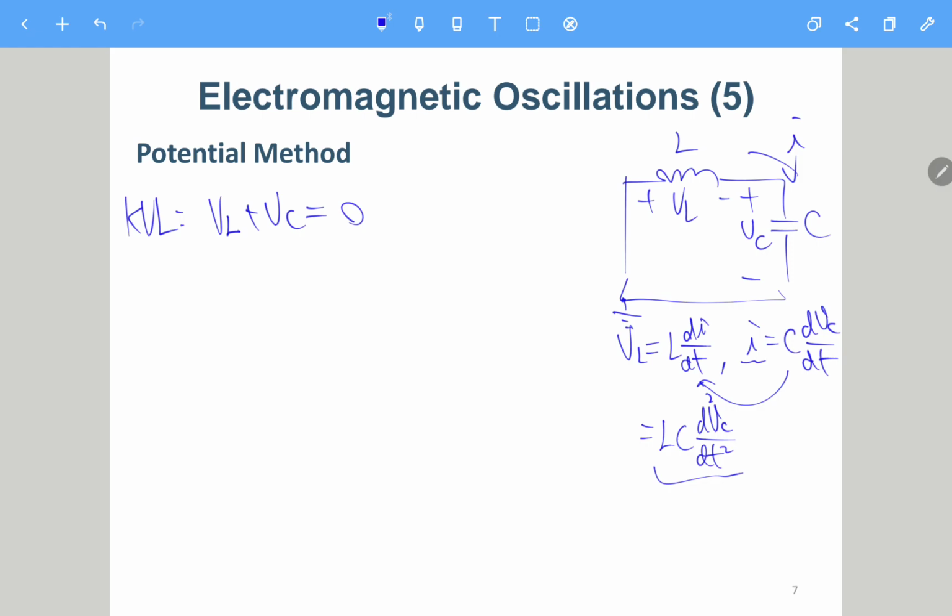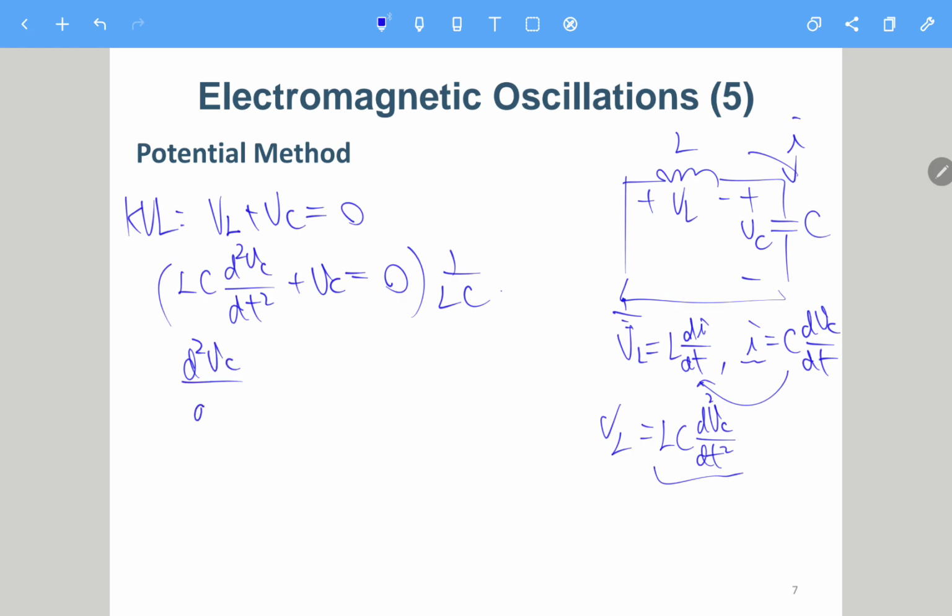VL plus VC equals 0, so we plug in LC d2VC/dt2 plus VC equals 0. Then we divide by LC on both sides and have d2VC/dt2 plus 1 over LC VC equals 0, like this.